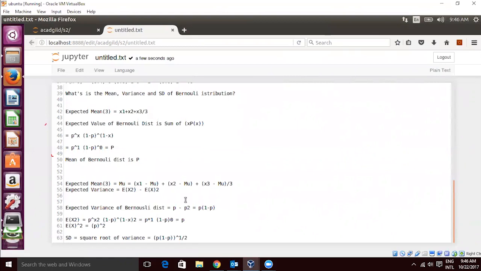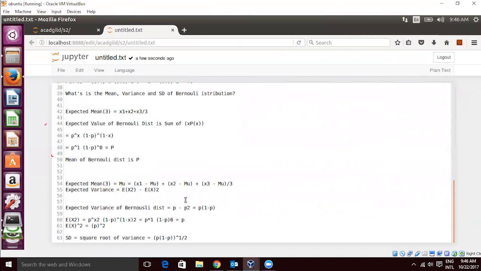First we come up with the nature of the variable. The variable is a success or a failure, so it is either a 1 or 0. Then obviously we take a coin, either a biased coin or a fair coin, that's not a problem.